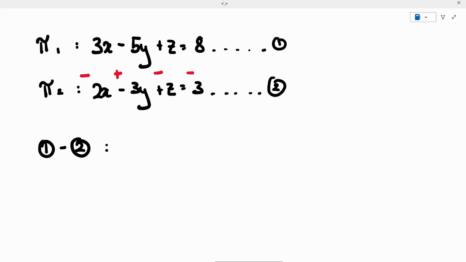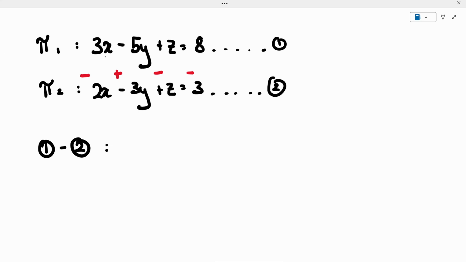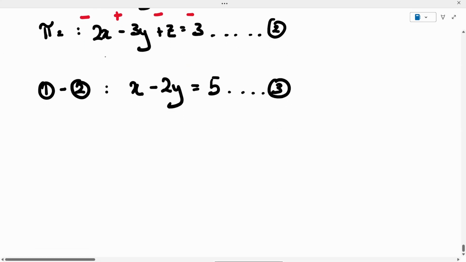Because the minus will change the sign here. So we get 3x minus 2x is x, minus 5y plus 3y is minus 2y, and z minus z is 0. 8 minus 3 is 5. So we have this third equation here. And what I want to do is I want to write x in terms of y. So therefore, x is 5 plus 2y.